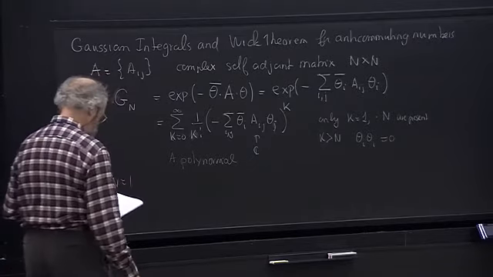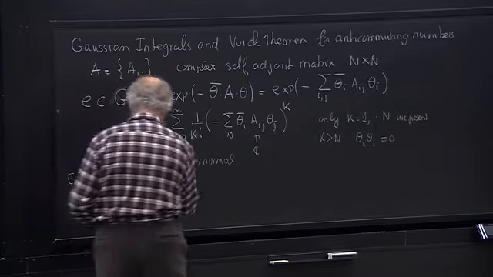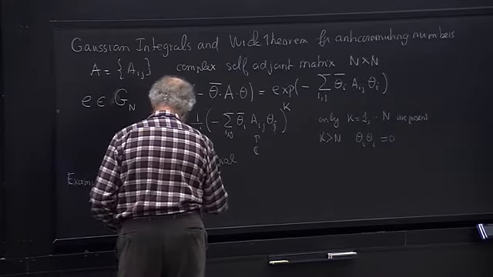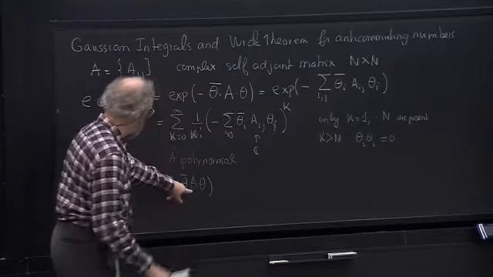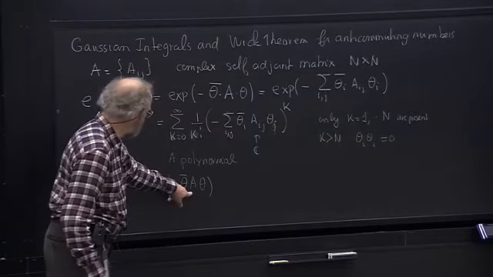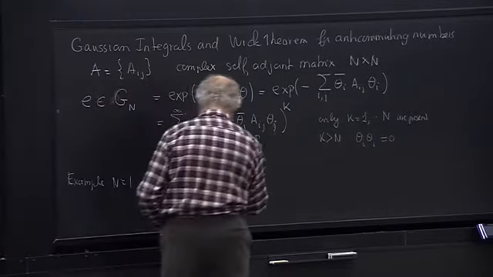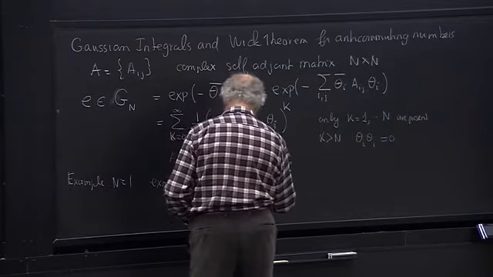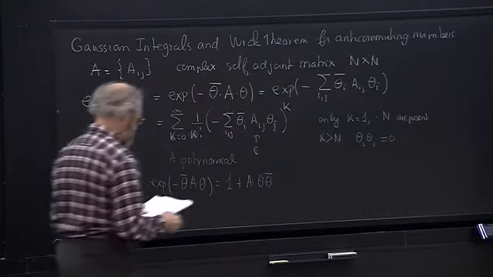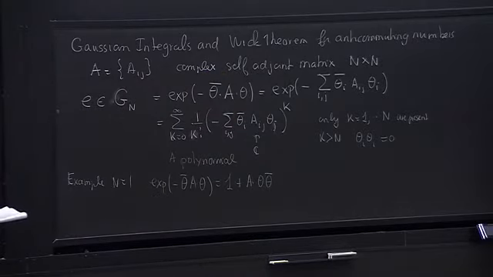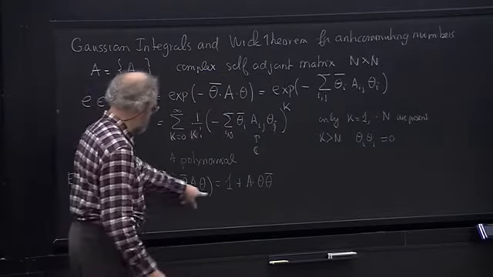What is the exponential of minus theta bar A times theta, where A is just a complex number, a real number in fact, because it's self-adjoint? This is just 1 plus A times theta theta bar, because the second order term is 0.